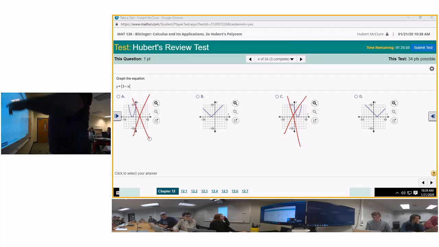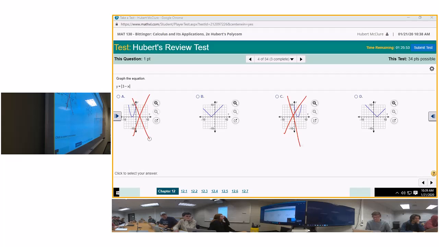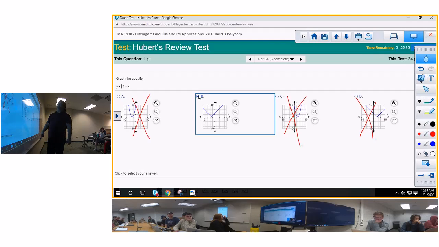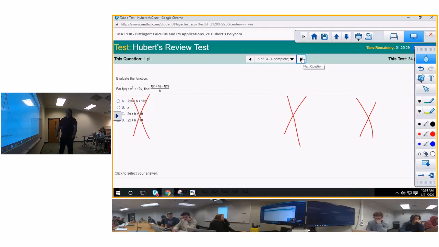And since the negative x has a positive 3 attached to it, that means it is the horizontal shift of 3 to the left. So it's not this one. Maybe one of these would be. That's not right. I'm going to have to check the setting and make sure something's right. All right, there's that one.